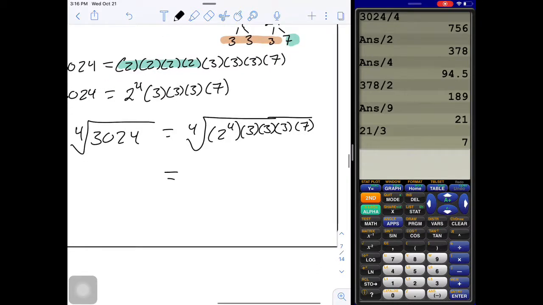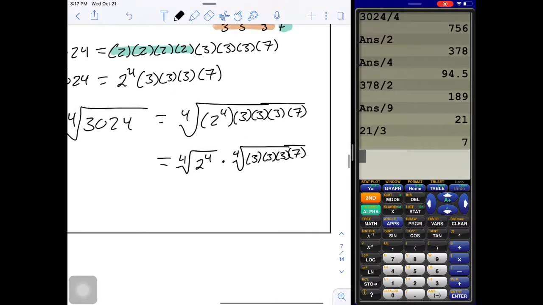Okay, and then from there, I'm going to take everything out that I can and apply the product rule to my perfect fourths, or powers of 4. So this will be fourth root 2 to the power 4, multiply, and here I'm actually just going to keep everything underneath the same radical because I wasn't able to group into a 4 anywhere. So this will be 3 times 3 times 3 times 7.